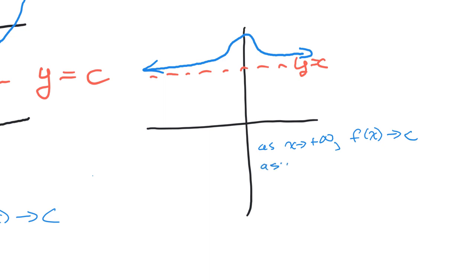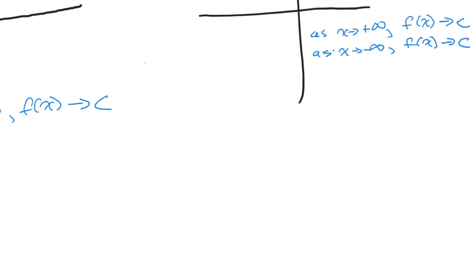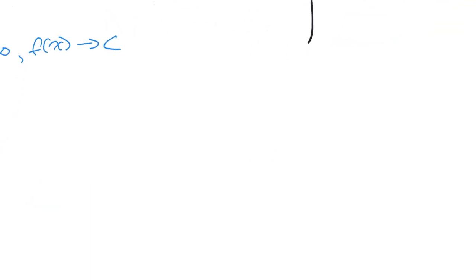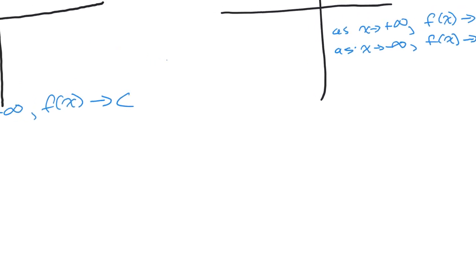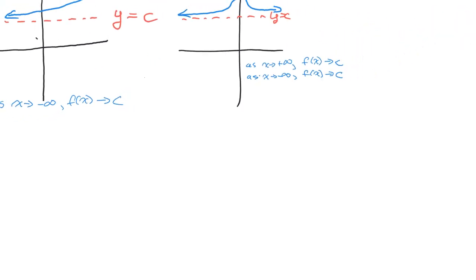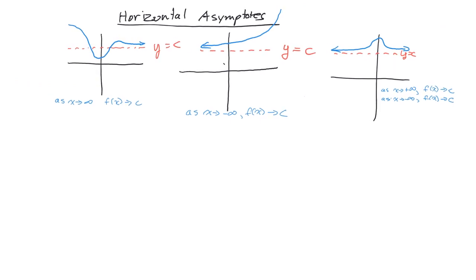As x goes to negative infinity, f of x still goes to c because it goes closer and closer to that line, right? And we're done. Okay. So now this is the last typical one that I want you to know. Those were the three that we had. So let's go over them one last time.